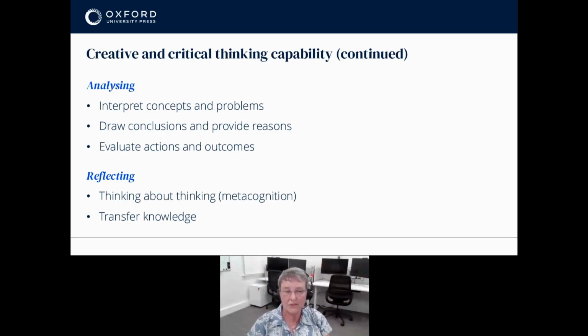So all the first 3 things that we talked about is about cognition, so the thinking process. Reflecting is thinking about thinking, the metacognition, so taking the bigger picture, that step back from your own thinking. Once you're aware of what's happening and you've evaluated the effectiveness of your previous thinking and the actions you took, then you can transfer that knowledge to new contexts.